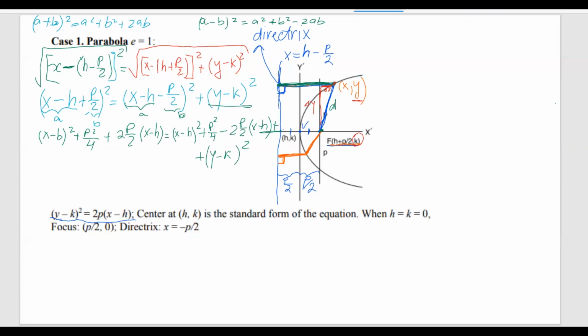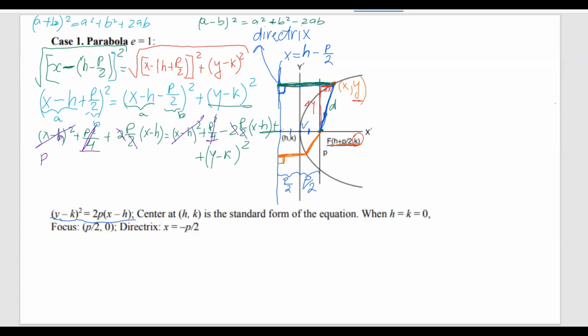Okay, so now if you look carefully on both sides, there might be some terms that will cancel each other out. And I see this one and this one going to cancel each other out. And we have x minus h squared, and x minus h squared. It's going to also cancel each other. So we're left with this term here, where I'm going to cancel the 2's.